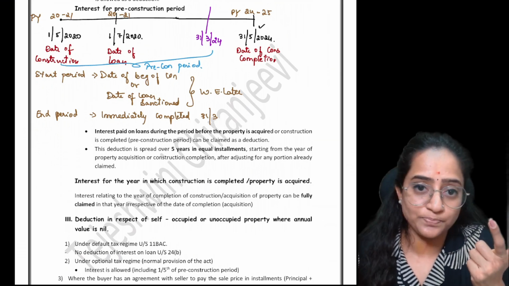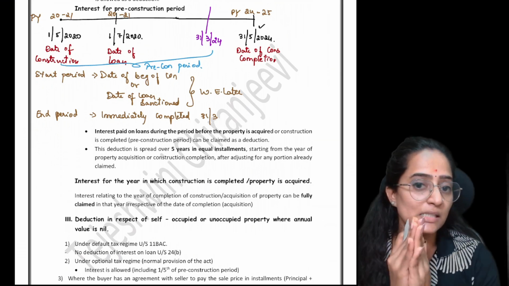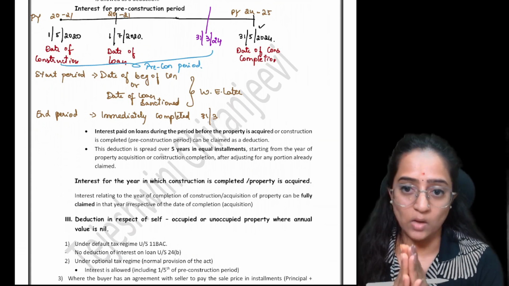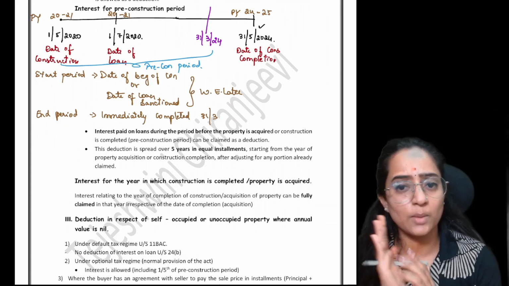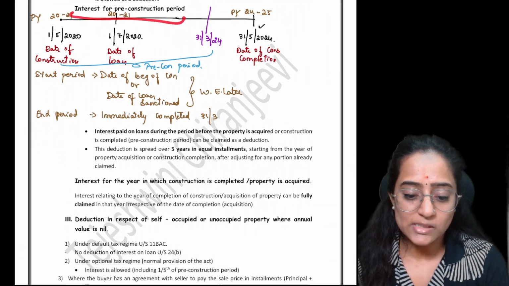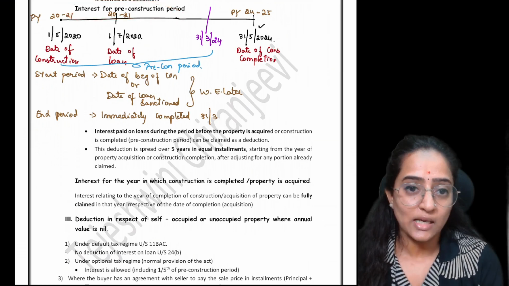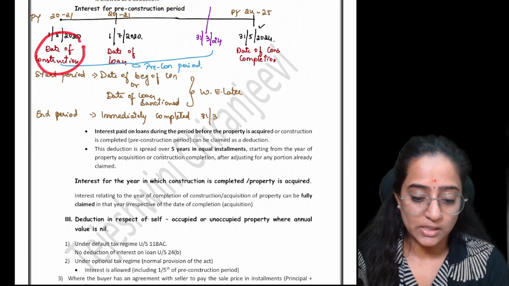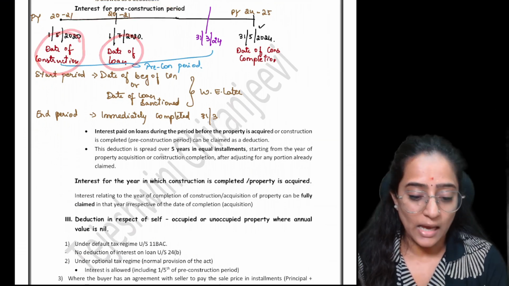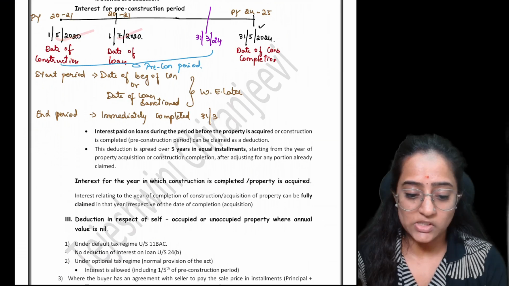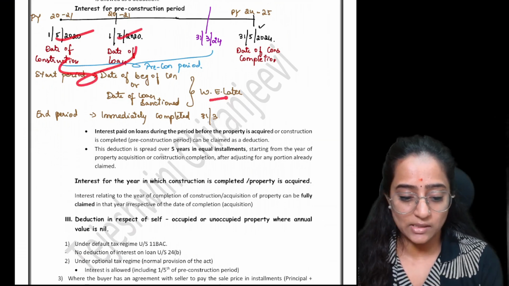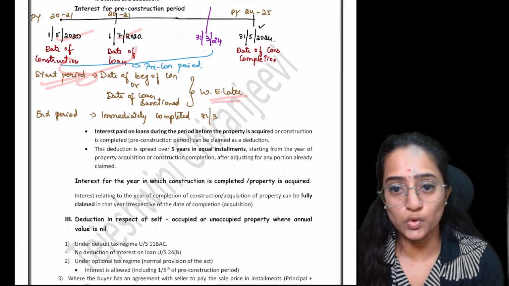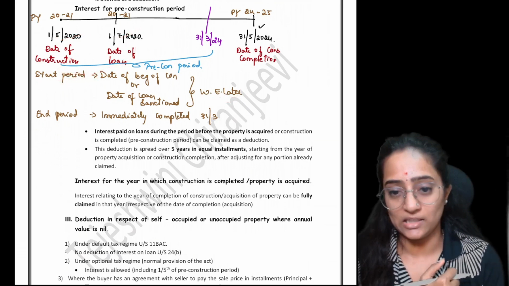I am specifically speaking about the pre-construction period now; the post-construction period we'll speak about later. What is meant by the pre-construction period is the date of construction or the date of loan, whichever is later, will be considered as the start period for you to consider the interest calculation.